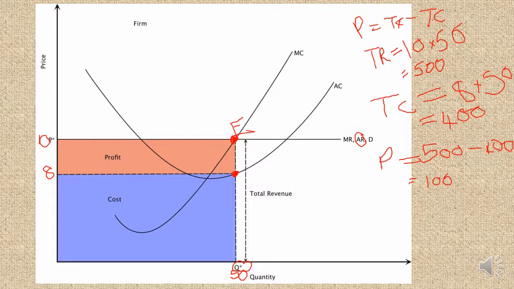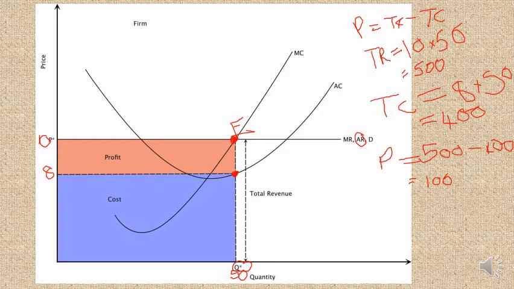So let's just recap the basics of it. Number one, identify equilibrium. Number two, read off average revenue at equilibrium. Number three, read off average cost at equilibrium, and then do your calculations. So substitute into the formula.